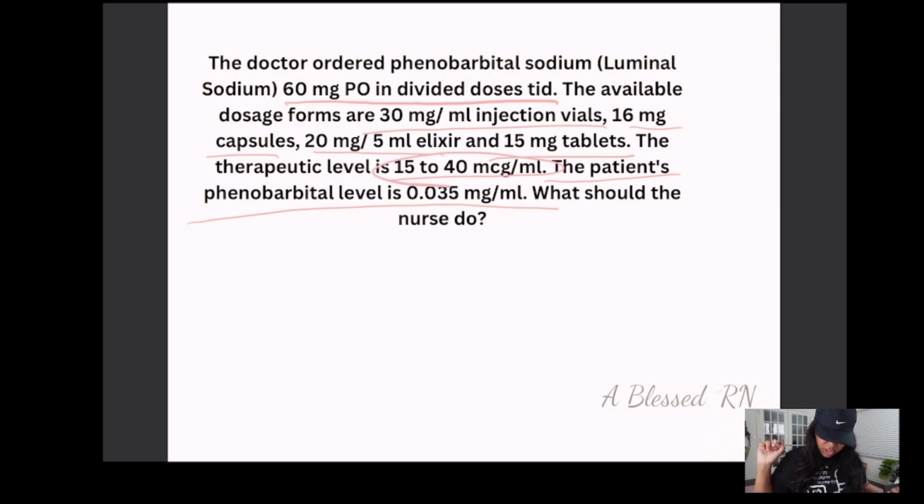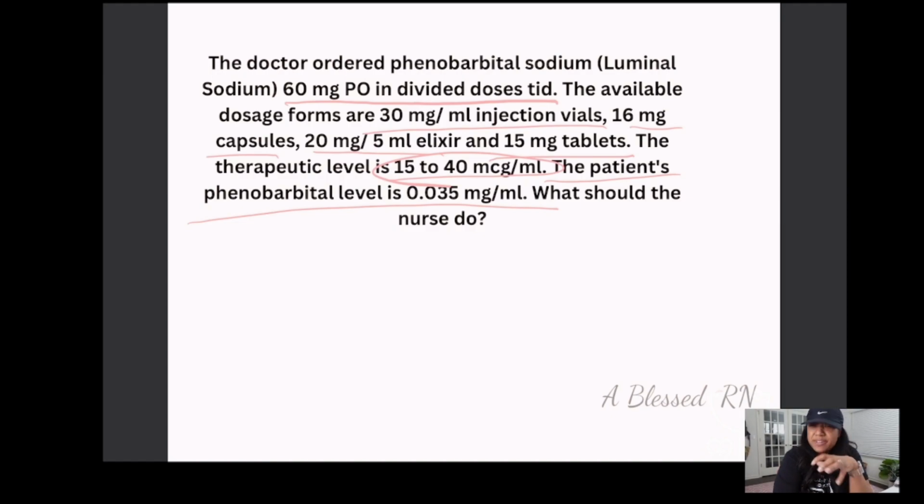And then what should the nurse do? All right, so the first thing that we're going to do is look at the patient's information. It's not telling us a weight, it's not telling us a diagnosis, it's not telling us what kind of procedure the patient is going to have. It's just telling us that their phenobarbital level is this.